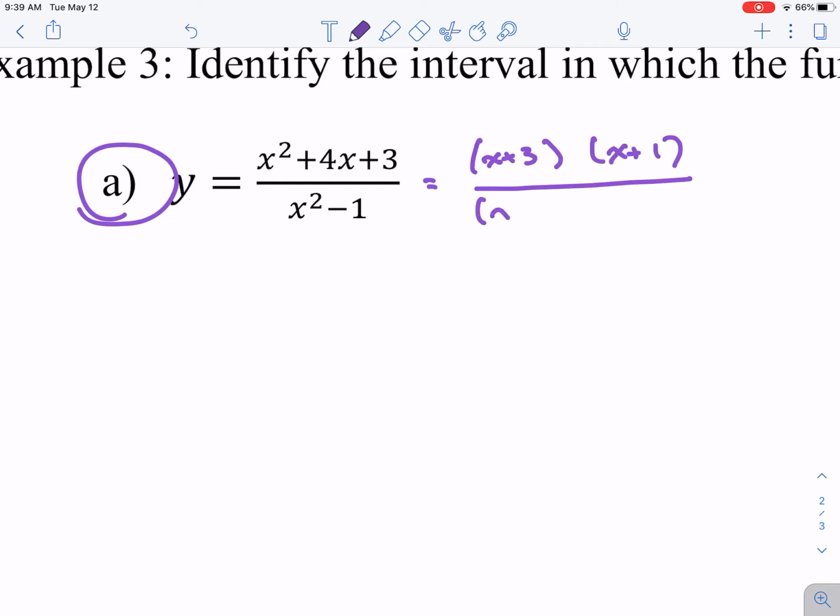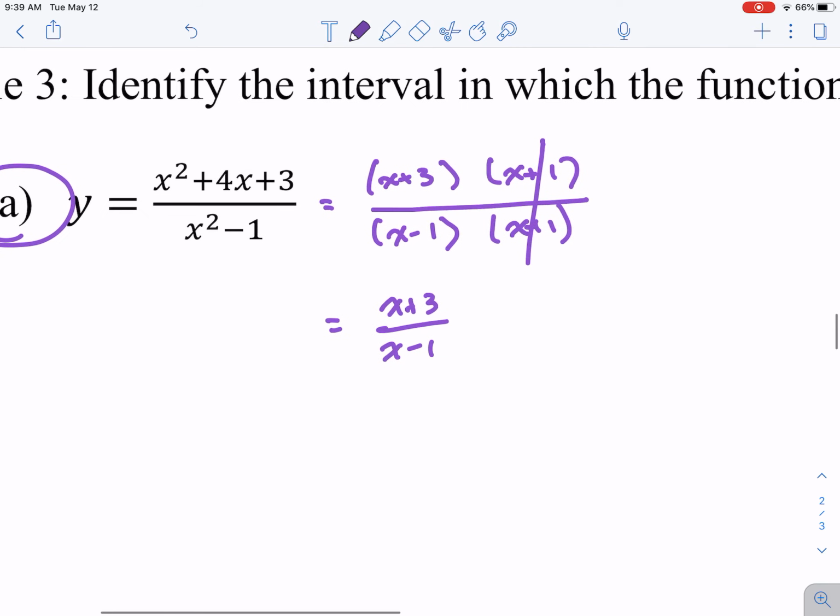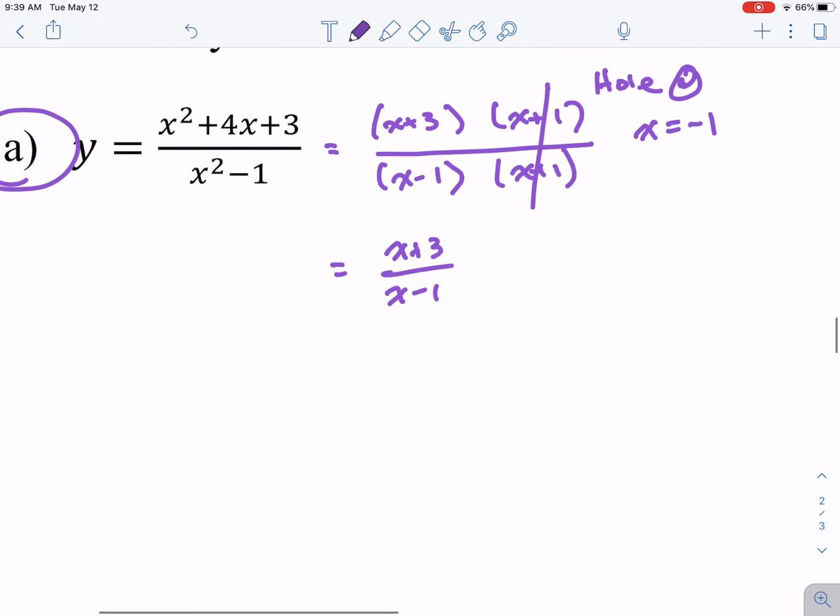The bottom is going to factor as x minus 1, x plus 1. If you notice, the x plus 1's cancel out and you get x plus 3 over x minus 1. So this is actually going to give us a hole at x equals negative 1. I set whatever you canceled equal to 0, so we get a hole at x equals negative 1.